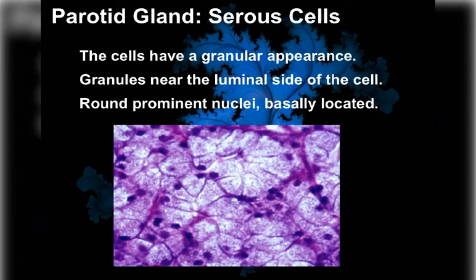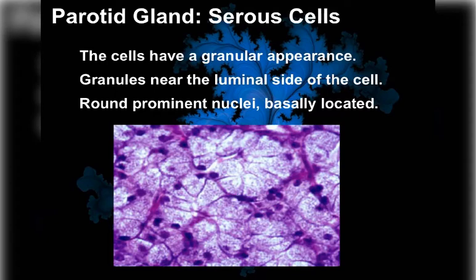So it's advised to look at the nucleus. When the nucleus is round, then it's serous cells. When the nucleus is flat, it's a mucus cell. Don't look at one cell, look at the majority, because there are some cells with flat nuclei.